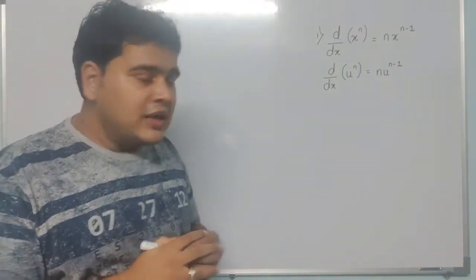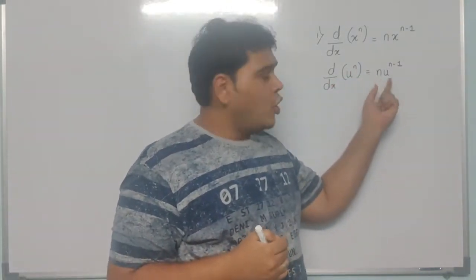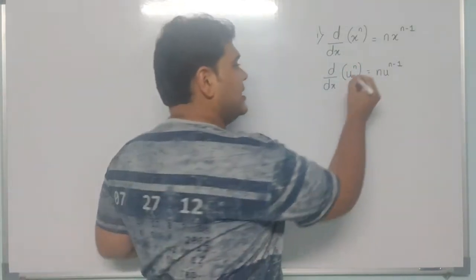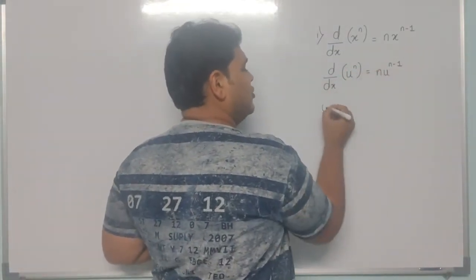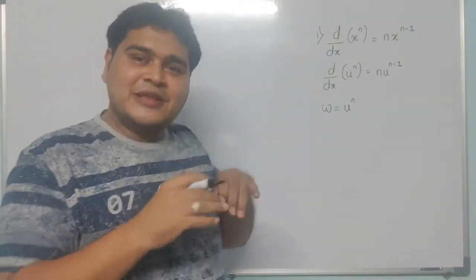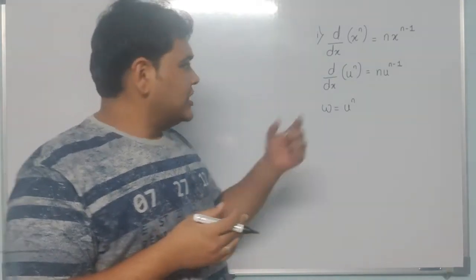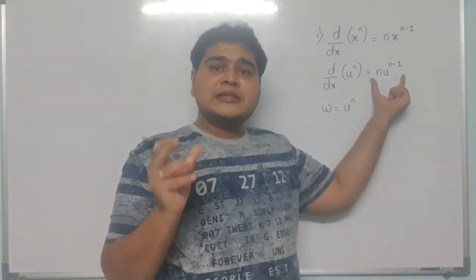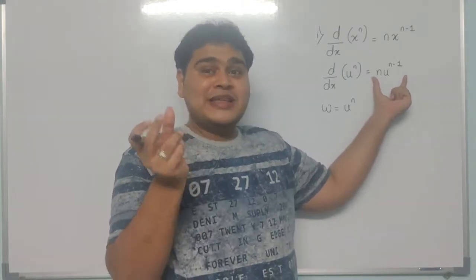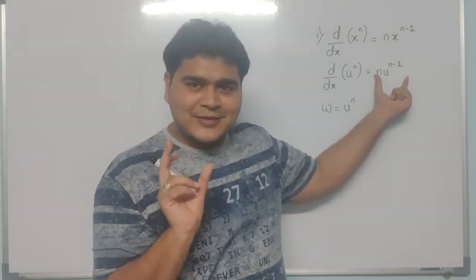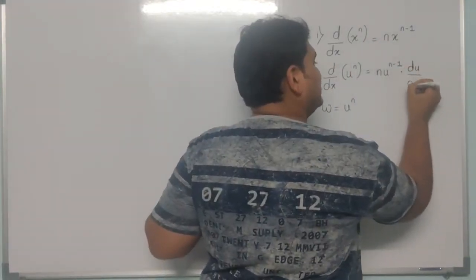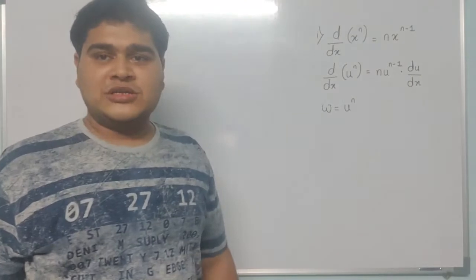But don't you think that's the derivative of the function of u, which I can say this is actually w, which is u raised to n. And u is dependent on x. So this equation which we got is nothing but dw by du, and ahead we have to write du by dx. Now this is the chain rule.